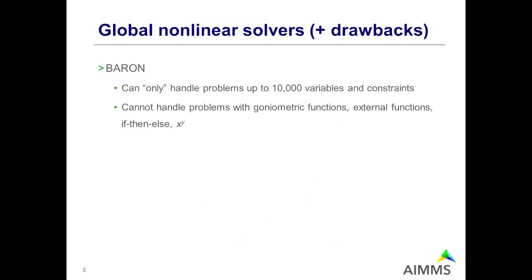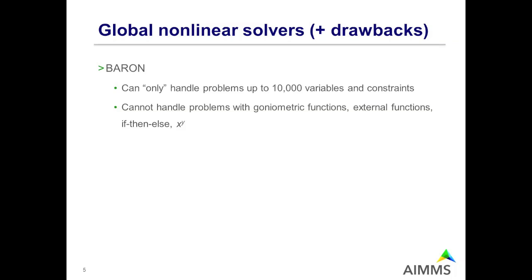So 10,000 might seem small, but for this kind of problem, proving that you found a global optimum is in fact very difficult. But in practice, we might have problems that have more than 10,000 variables and constraints. If we want to solve that kind of nonlinear problem, then we have to do something different. Then we have to use a local solver, possibly in combination with multistart.